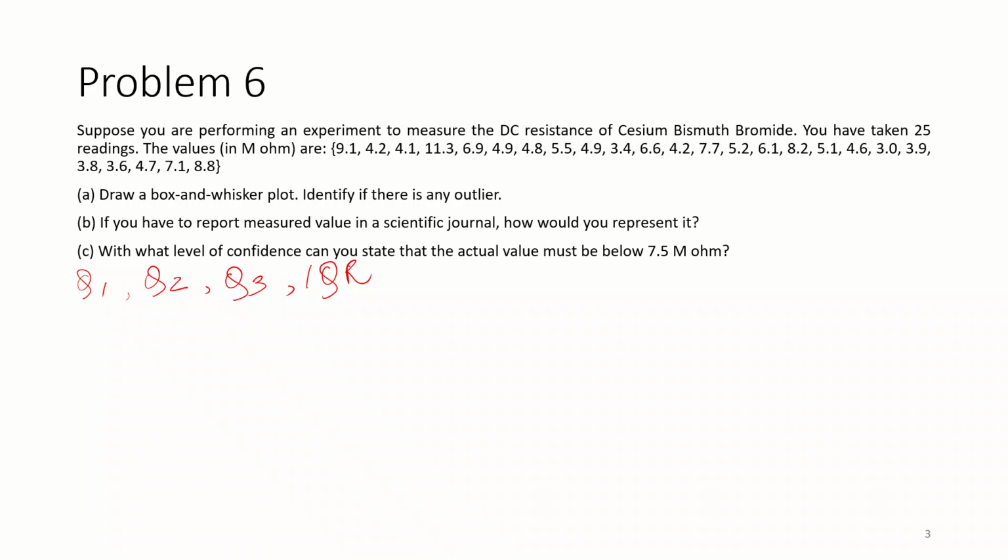Q2 is 4.15? How did you get Q1? First tell Q2. How did you get Q2?